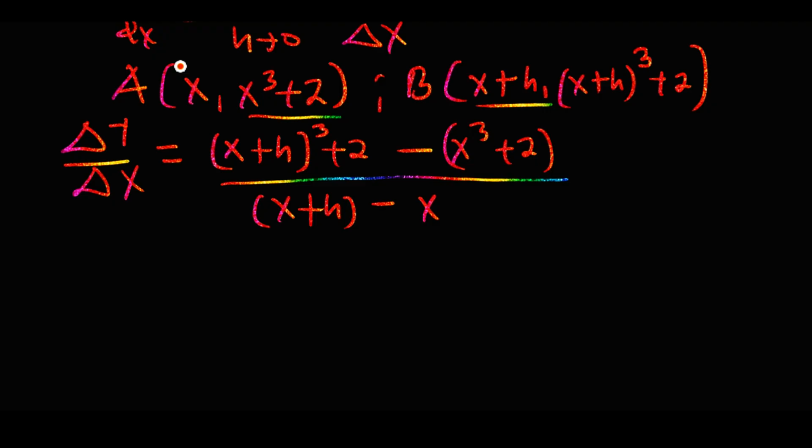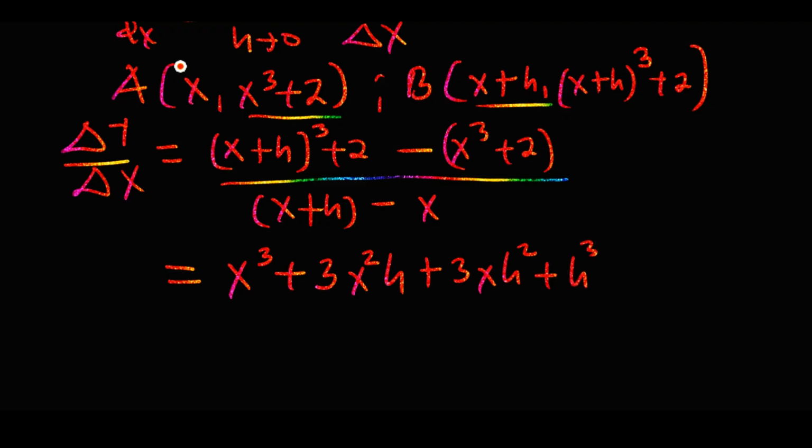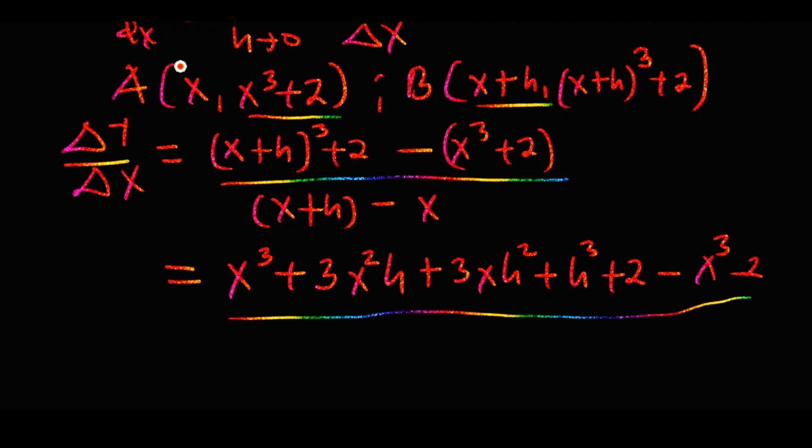If you use binomial expansion, you're going to find that this is x power 3 plus 3x squared h plus 3x h squared plus h power 3, then plus 2, minus x power 3 minus 2. That is the numerator. And then the denominator is x plus h minus x, which is just h.